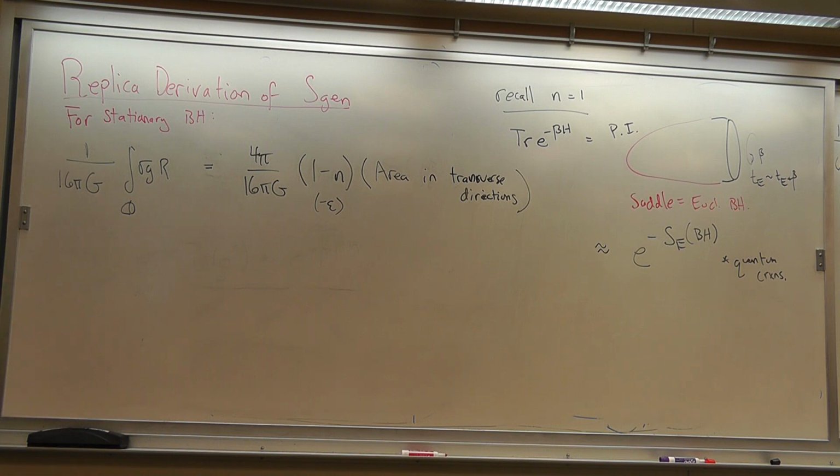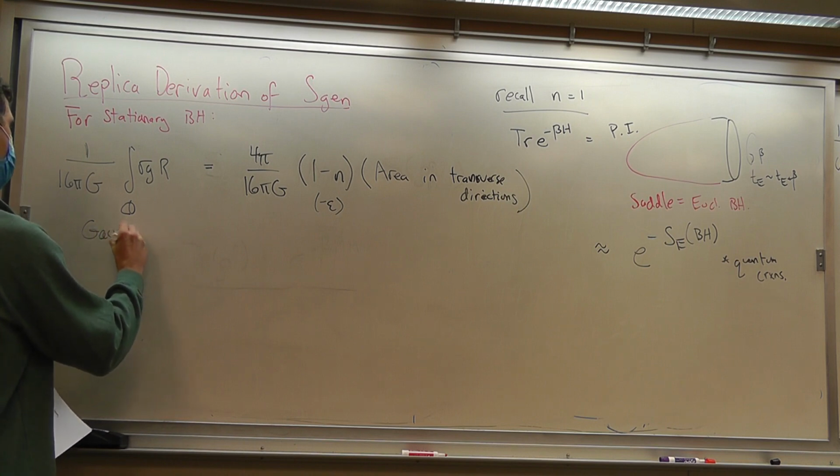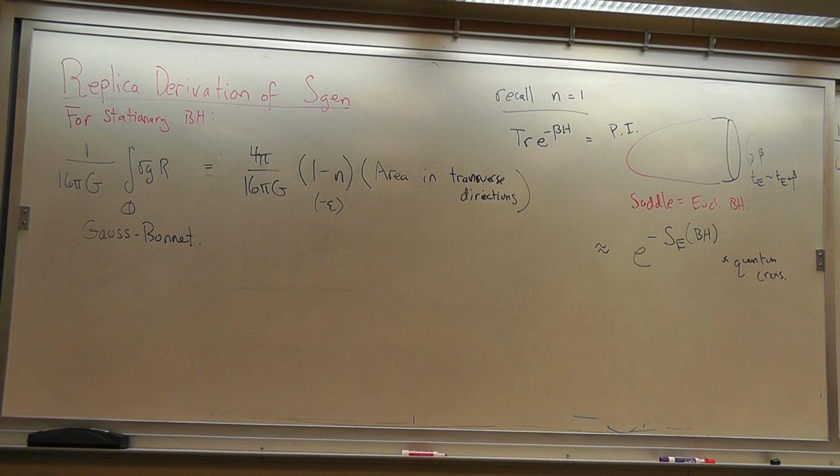So this last part of the calculation, the contribution of the curvature at the tip, is a theorem. This is the Gauss-Bonnet theorem. Do you want me to go through this calculation? Okay, I'll do it.